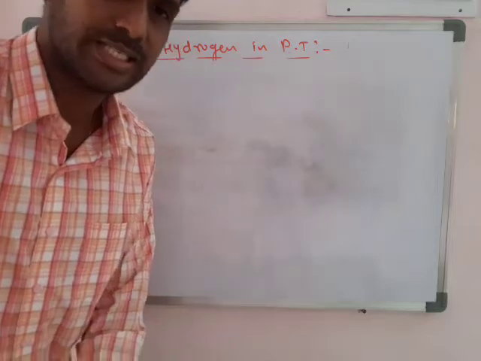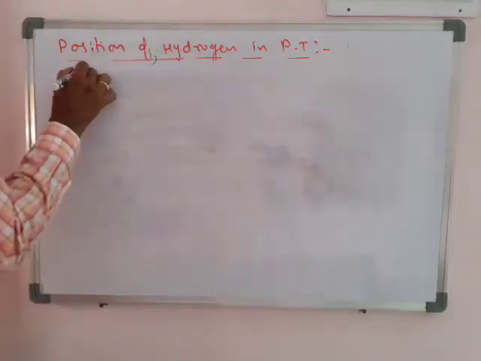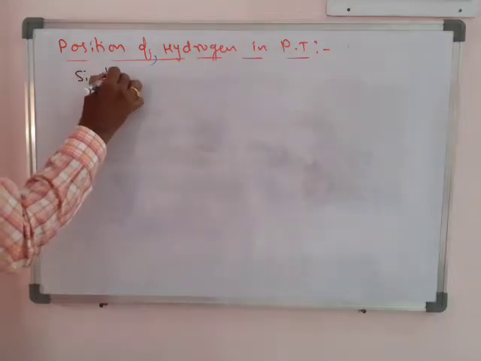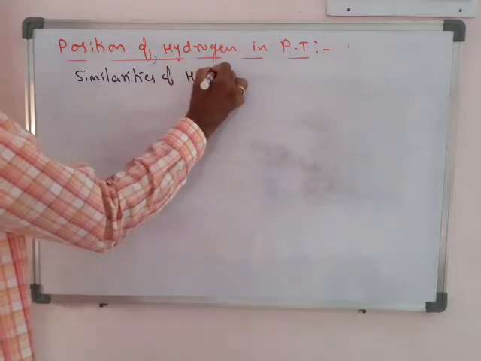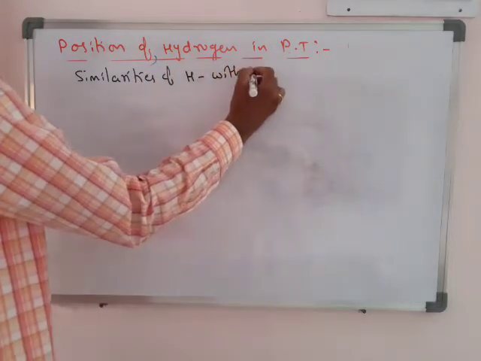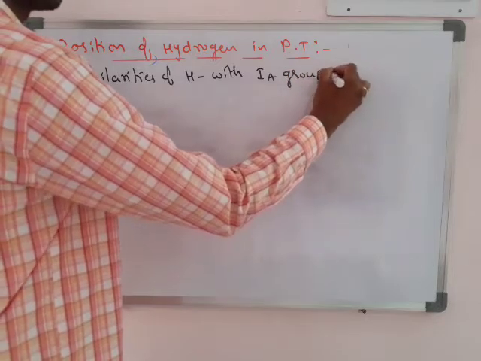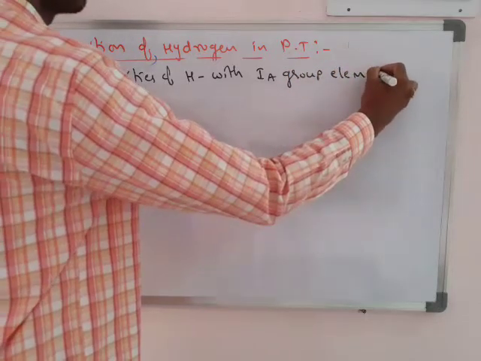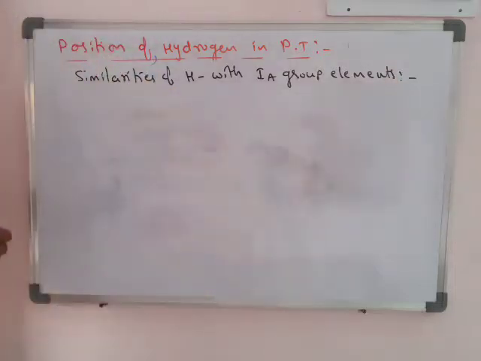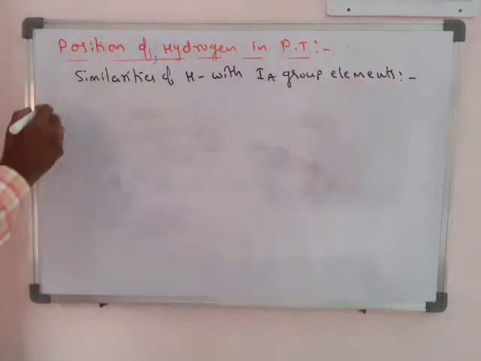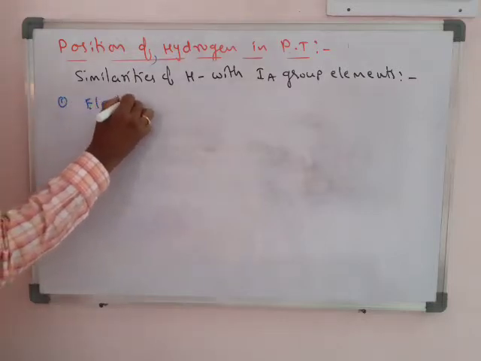We discuss now in detail. Already our first part is completed, the similarities of hydrogen with 1A group elements. So what are the similarities? That is electronic configuration.